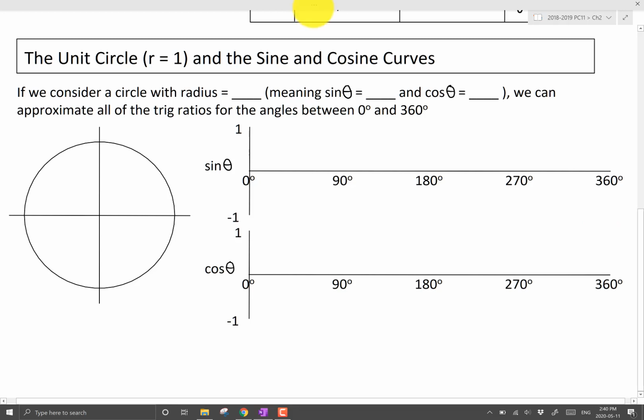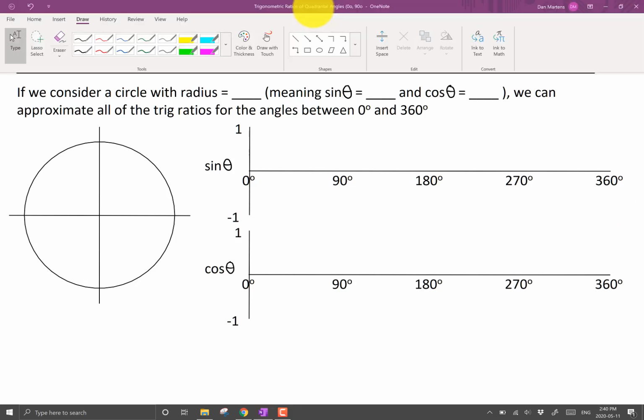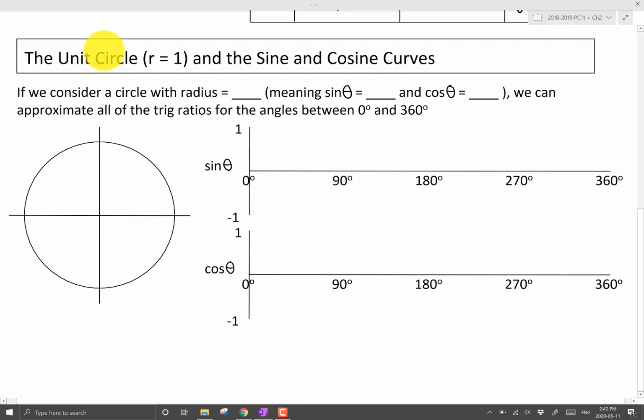So if we took a circle here and its radius was 1, no matter where you go from the origin to a point on the circle, the radius is always equal to 1. The nice thing about that is that we just learned, if we consider a circle with radius 1, sine is equal to the y-coordinate and cos is equal to the x-coordinate, so we can approximate all of the trig ratios for the angles between 0 and 360.